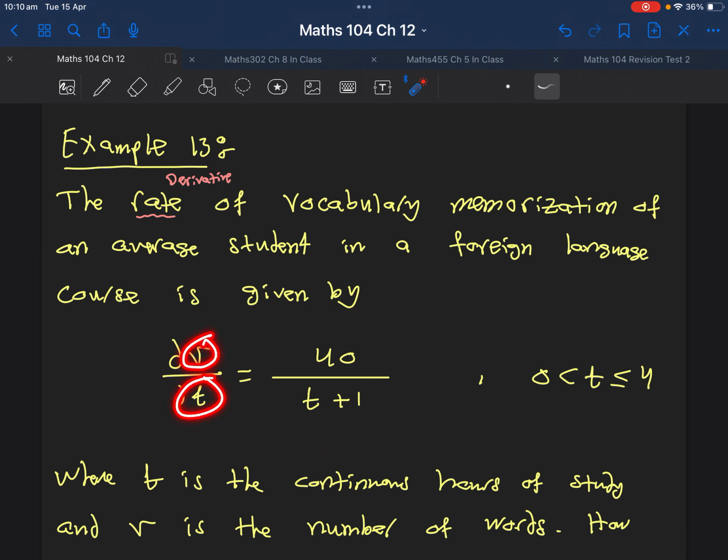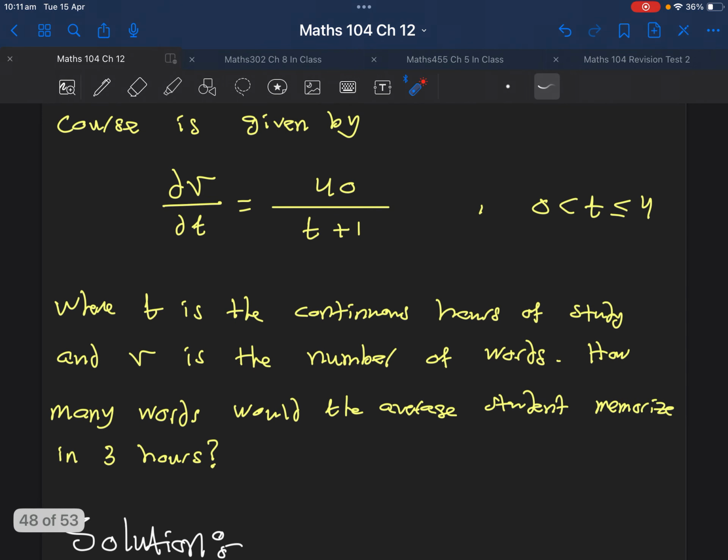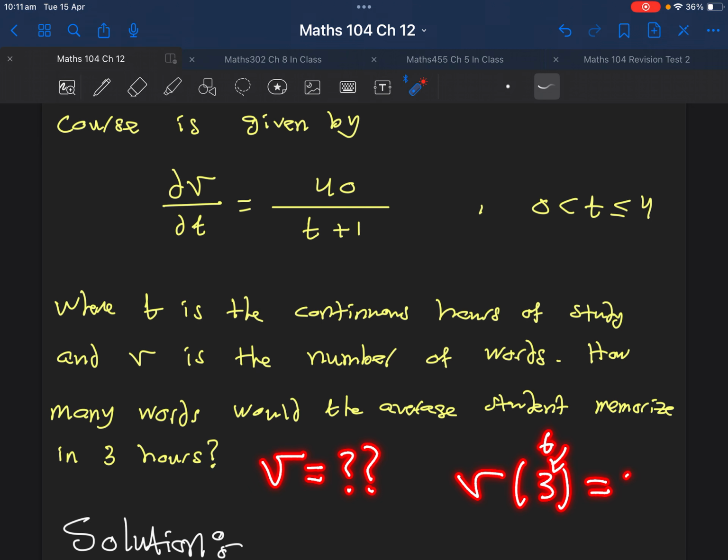So the derivative of v with respect to t is given by this, where t is the number of hours and v is the number of words that you have memorized. The question is, how many words would the average student memorize in 3 hours? So I'm asking you how much v, and specifically how much v when t equals 3.